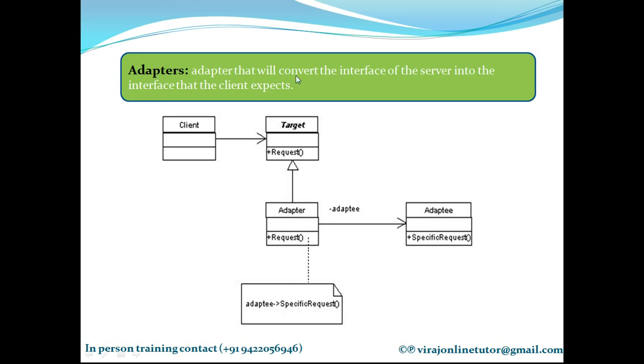So the adapter will convert the interface of the server into the interface that the client expects. Client is expecting some interface, but the server has another interface. So we need to write an adapter which will convert the server's interface into the interface that the client is expecting.